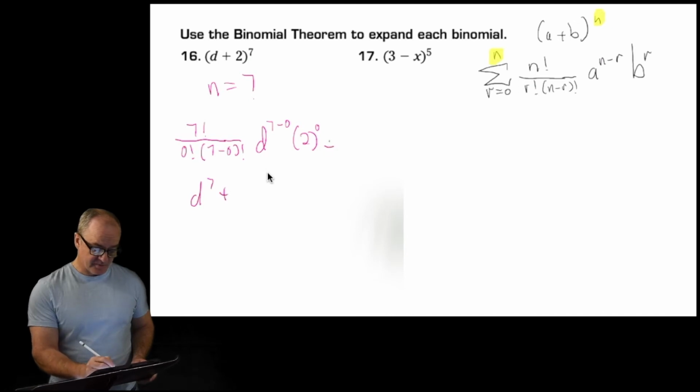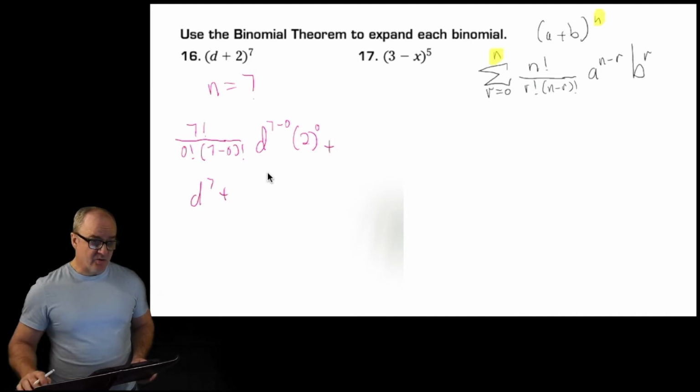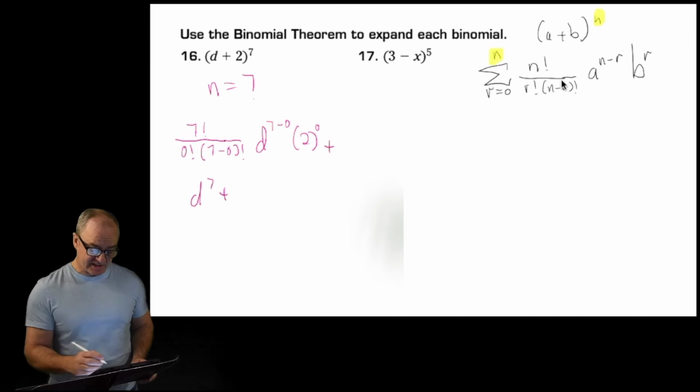Our second term, continuing to plug into our binomial theorem over here, counting from r equals 0 to r equals 1 to get to the second term, is going to be 7 factorial over r, which is now 1 factorial, (7 minus 1) factorial down here on the bottom, d to the 7 minus 1 power, and 2 to the first power.